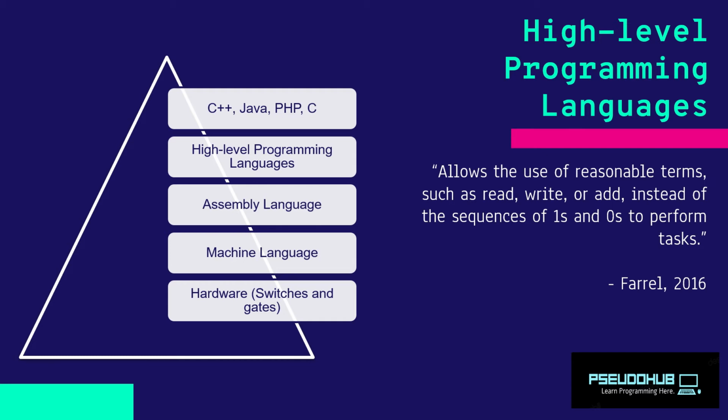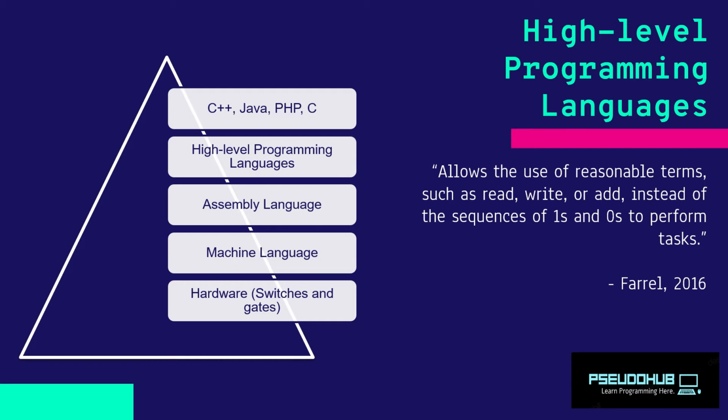But aside from that, it's also referred as high-level because, as you can see, based sa iyahang pyramid, it's placed higher in the pyramid because of the level of abstraction. Medyo taas ang level of abstraction sa high-level programming languages because there are languages nga naay mga predefined methods or mga predefined classes na pwede nimo gamiton to process data.